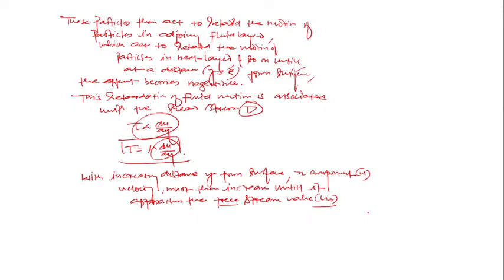So how can we define delta? Delta is nothing but the boundary layer thickness, and it is defined as the value of y for which the velocity is close to 99% of what? Free stream velocity. Clear? Hence we can define the boundary layer thickness.